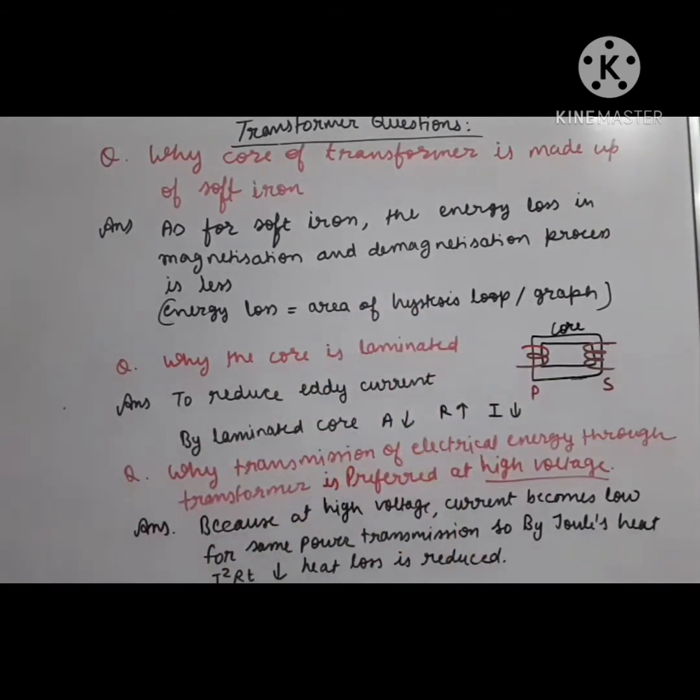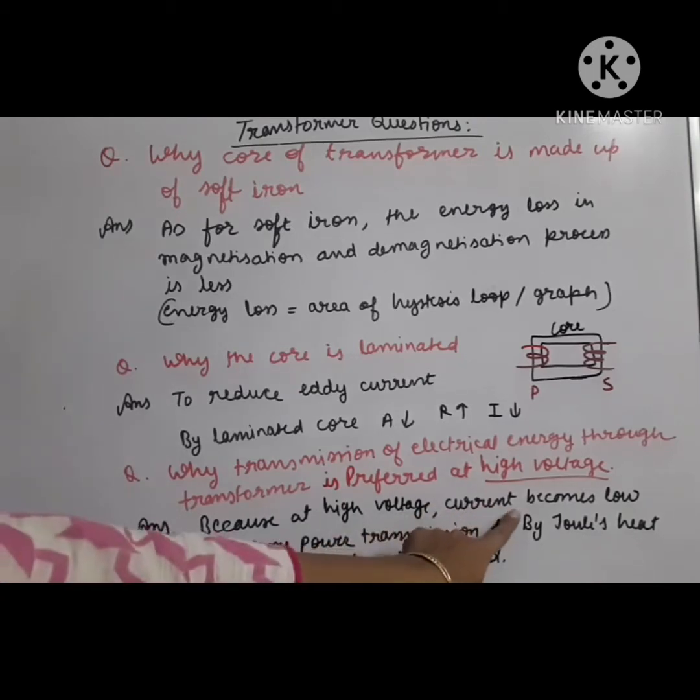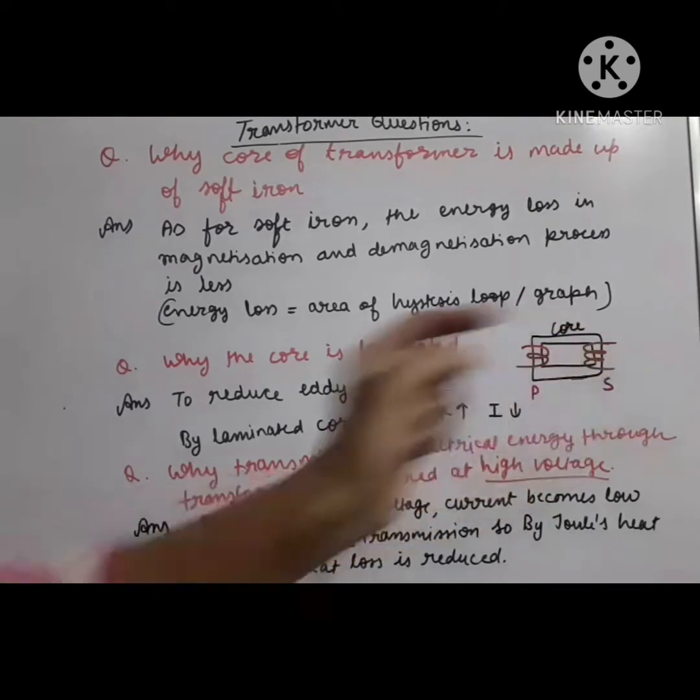Why at high voltage only we supply the power? Reason, because at high voltage the current becomes low, for the same power transmission. Okay, so at high voltage the current becomes smaller, which will flow through long wires.